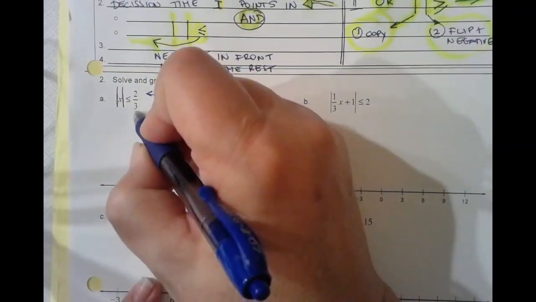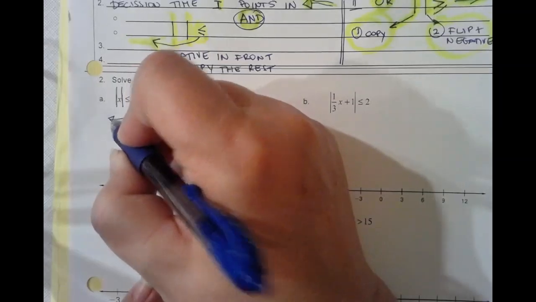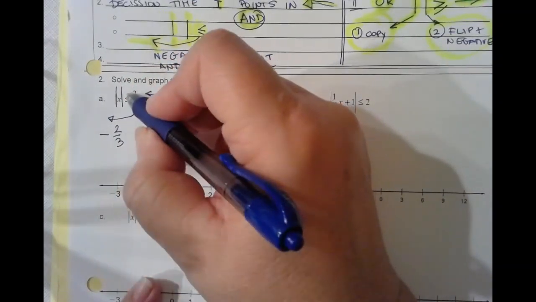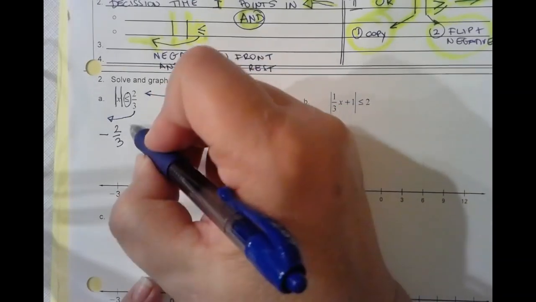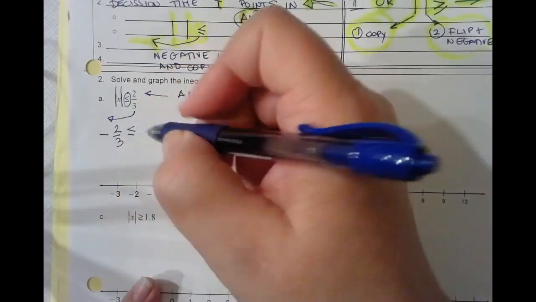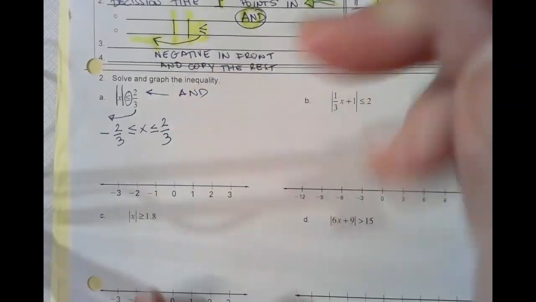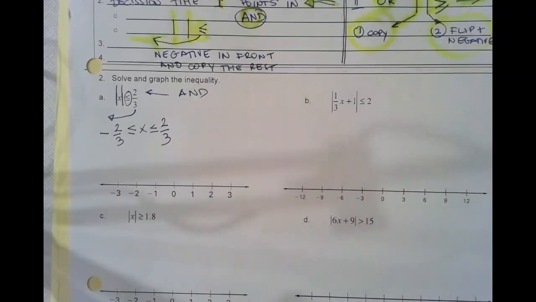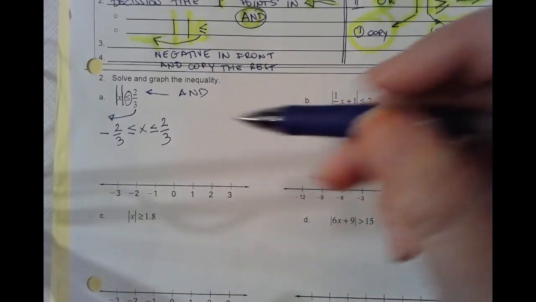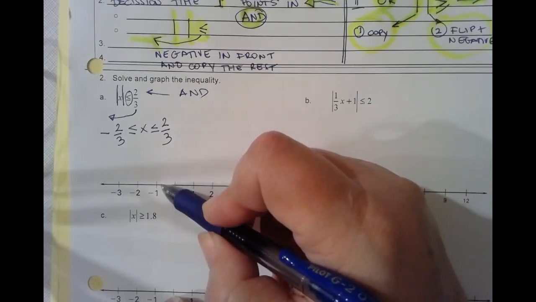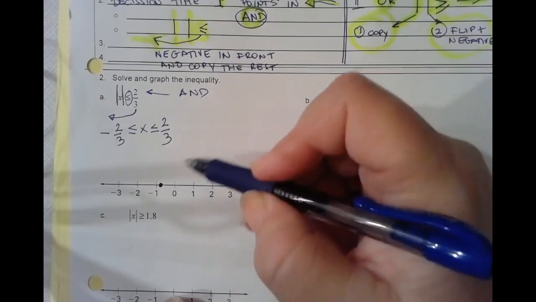So this 2/3 comes in front and becomes negative 2/3. Remember, we copy the rest, so the same symbol comes next: x less than or equal to 2/3. I don't have to do anything else because my x is by itself. Negative 2/3 is smaller than -1, so it's somewhere here. It's a solid circle.